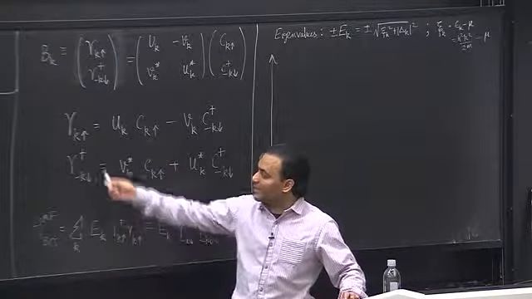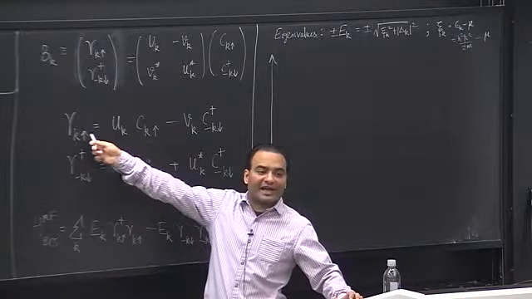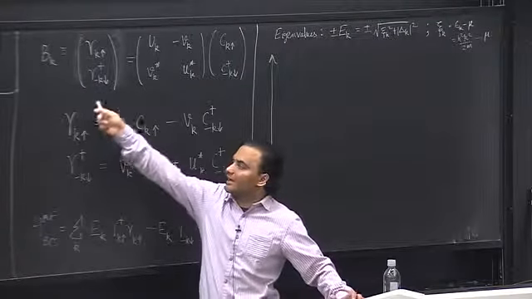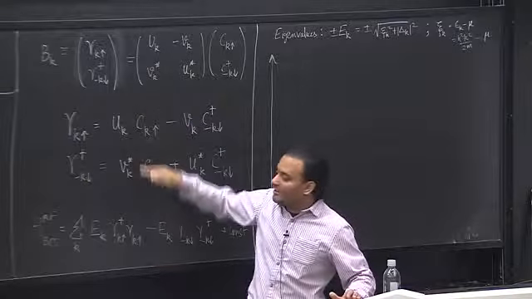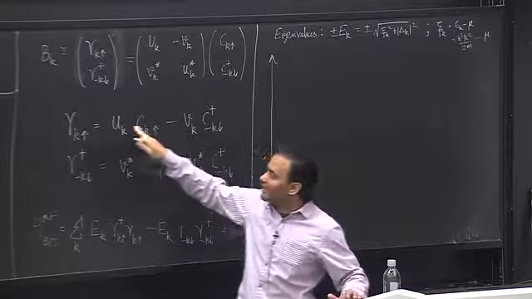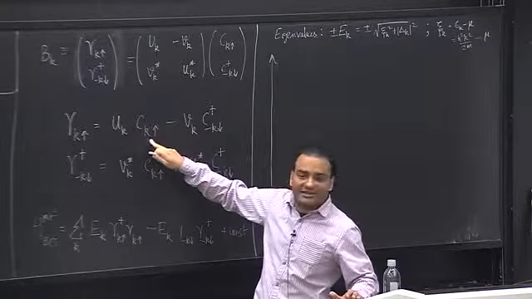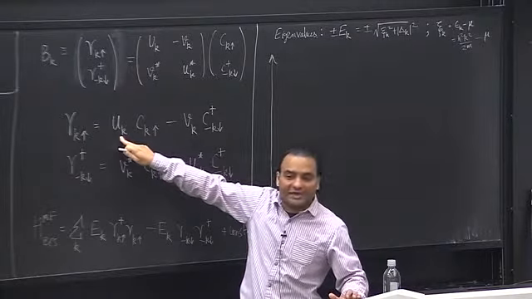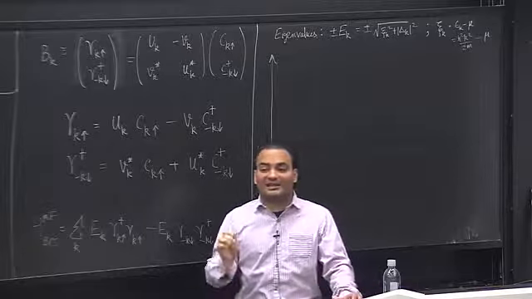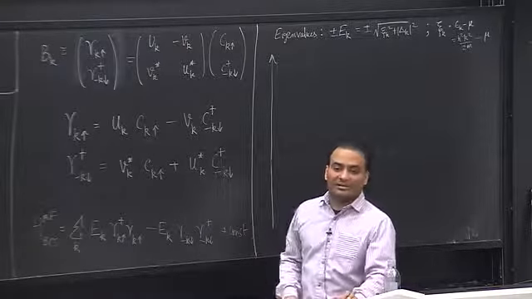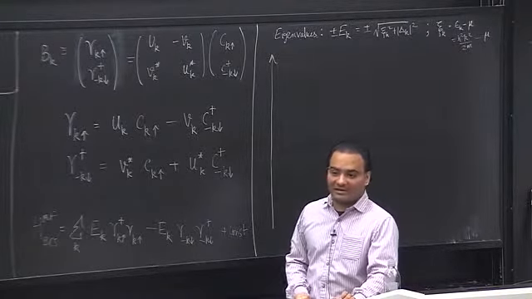If you look at gamma k up dagger, you have to take the dagger of this equation, gamma k up dagger, which is uk star ck up dagger. So what this gamma k up dagger does is it creates ck up dagger with uk star, and it annihilates c minus k down with minus vk star.